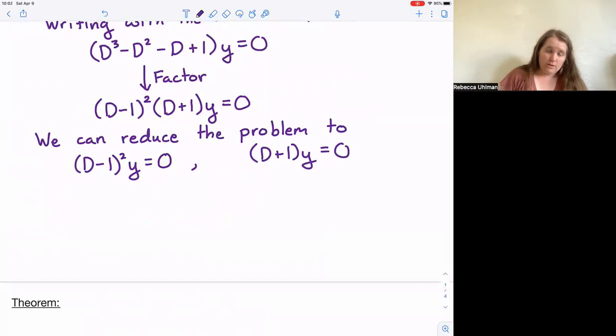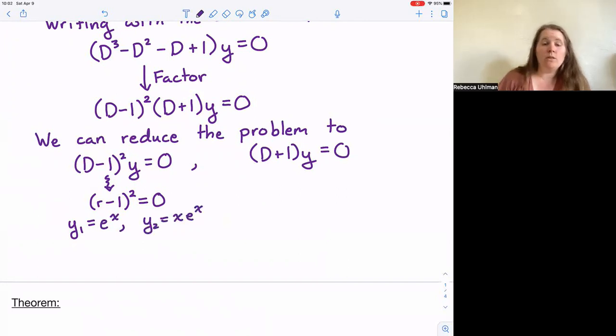So this first equation, d minus 1 squared applied to y equals 0, corresponds to the characteristic equation, r minus 1 squared equals 0. And so we would have y1 is e to the x, and y2 is x e to the x, which is what we learned for second order equations.